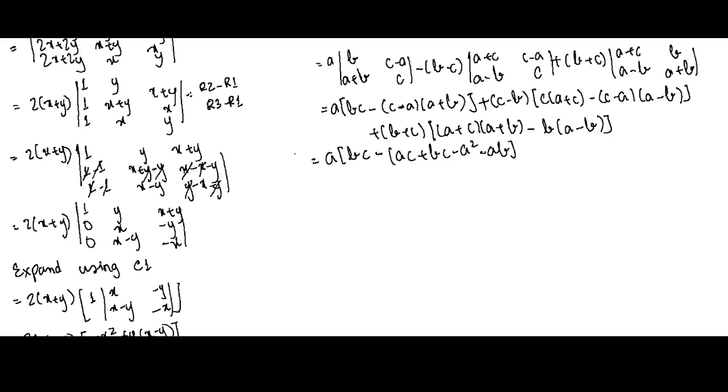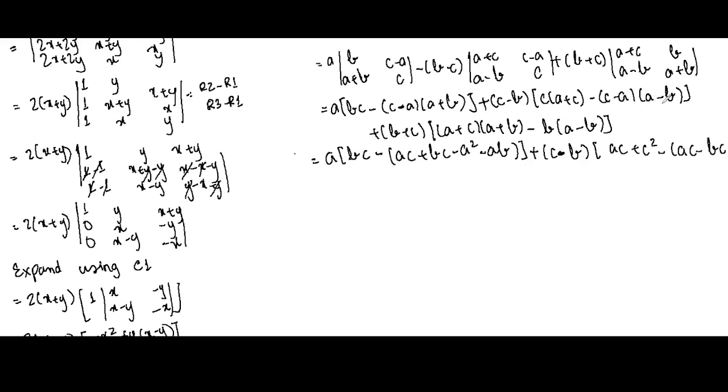Then oops, we have drawn the wrong brackets. Okay, this is minus a square minus ab. Okay, then we have plus c minus b into ac plus c square minus, then again bracket c multiplied by this bracket, we get ac minus bc.